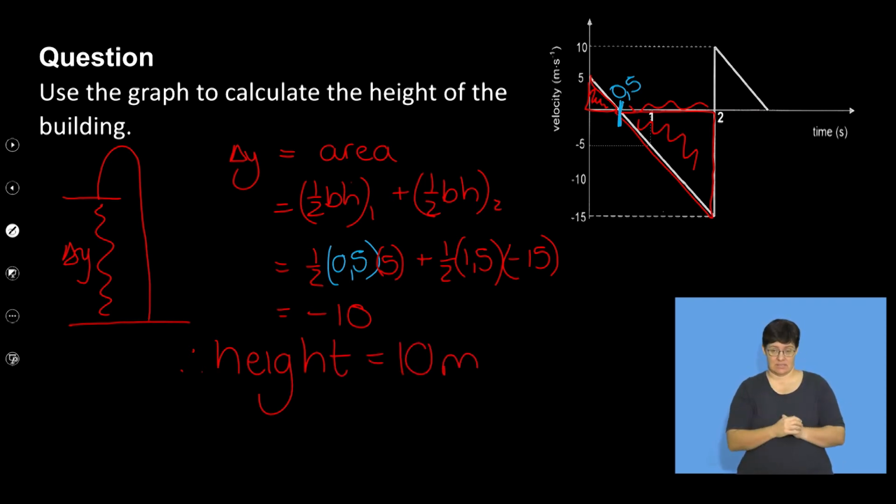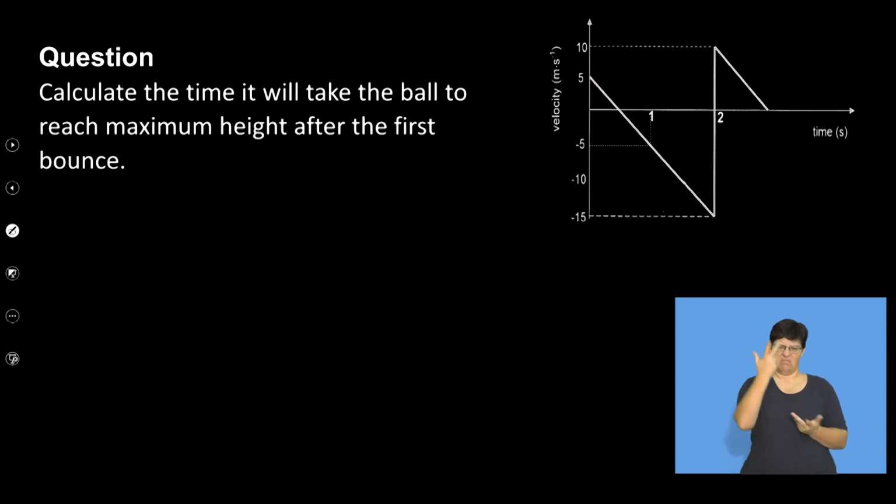It's not particularly high. I calculate the time it'll take the ball to reach the maximum height after the first bounce. They want to know what that time is. Now they've said to me, calculate. I don't need to use the graph, okay?